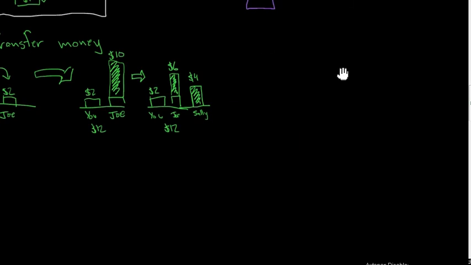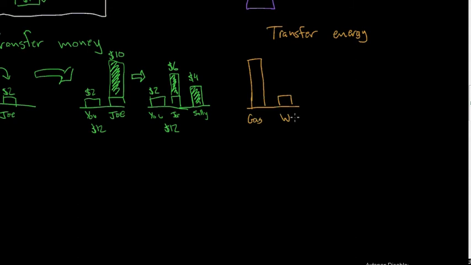What that means is that, for example, if you are transferring energy, let's say between a gas tank that you're using to heat up a pot of water. So here's the gas, and here's the water.